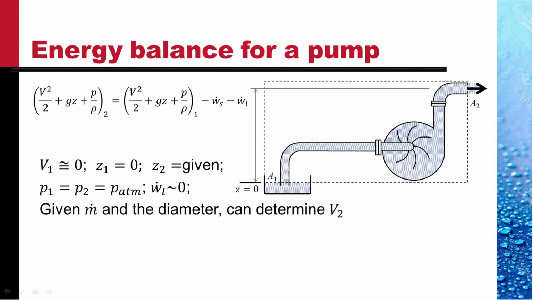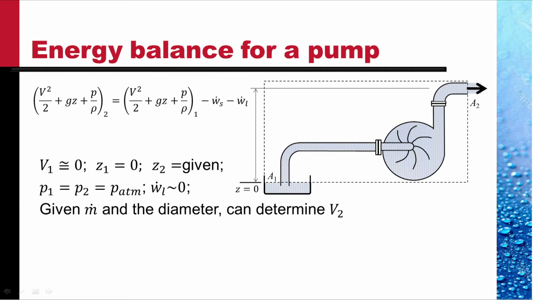Here, we know at 1 the inlet, the surface of the tank from where the water is coming from. If the cross-sectional area A1 is very large compared to the area A2, then the velocity at 1 is negligible.